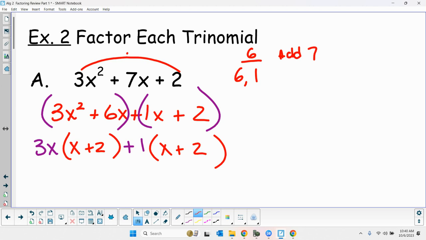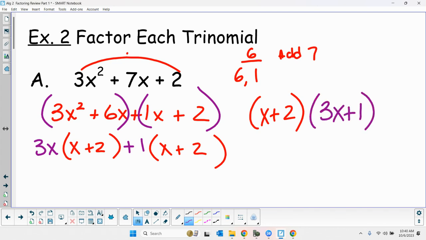Working out? Yeah. Kenzie, what's my answer? X plus 2, 3x plus 1. Good. That is correct. So these are the ones that Mr. Laverick said were the hard ones.